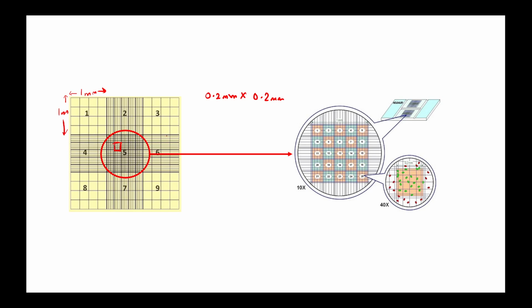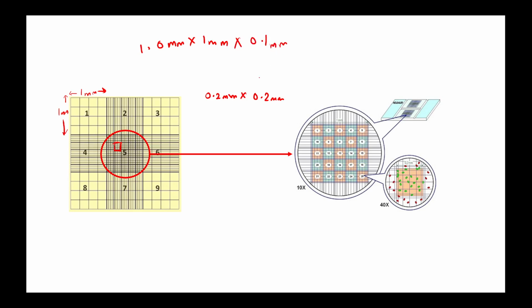Okay. So when we load the sample here, the sample volume would be 1 mm into 1 mm. This is the length and breadth, and the height is 0.1 mm.